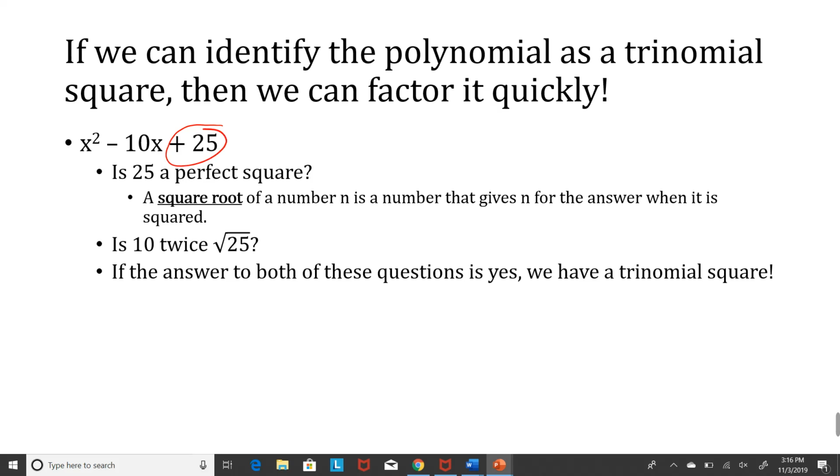A square root of a number n is a number that gives n for the answer when it is squared. So the square root of 25 comes out evenly. It comes out to 5. It is a perfect square.